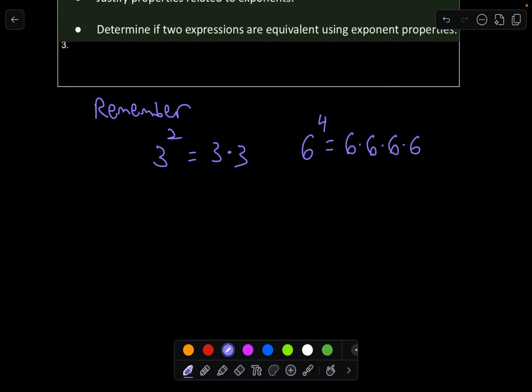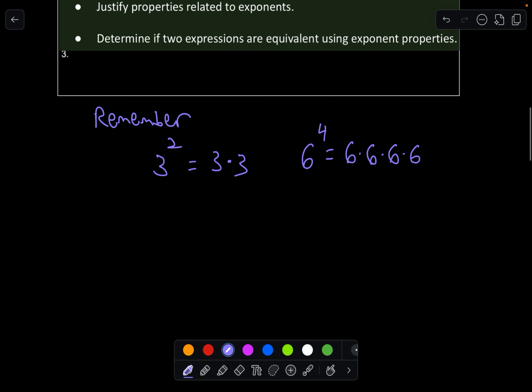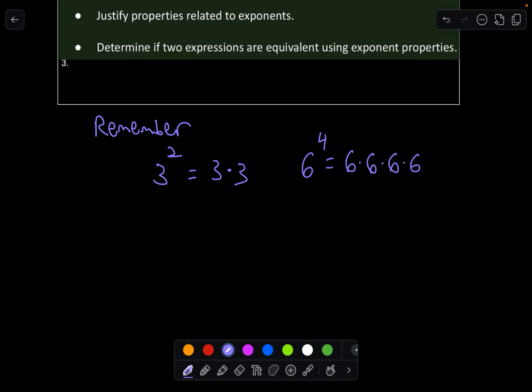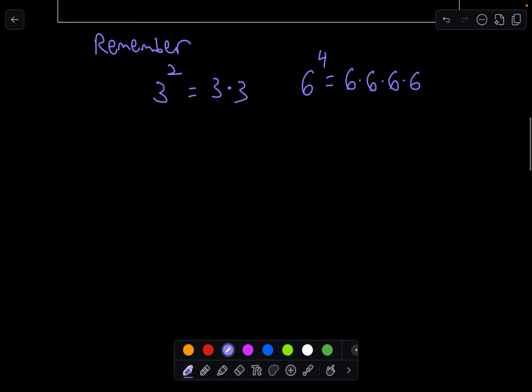So the exponent is a shorthand way of writing down repeated multiplication. Okay? That's the main thing you have to remember. And you should remember that. So stuff with variables, x to the third literally means x times x times x. All right? So here we go.